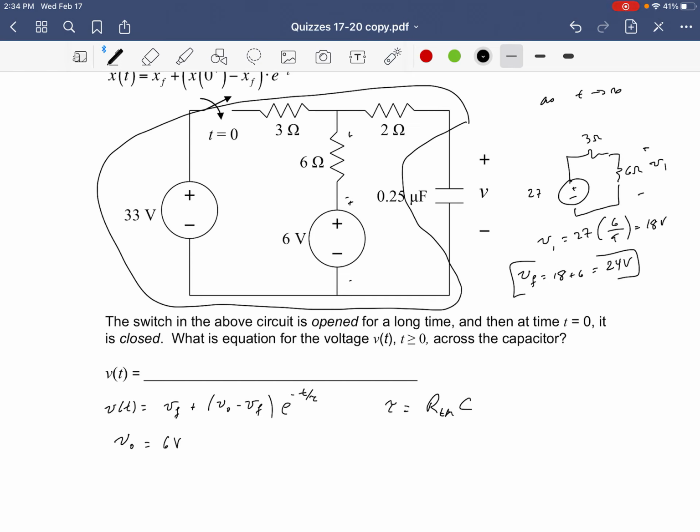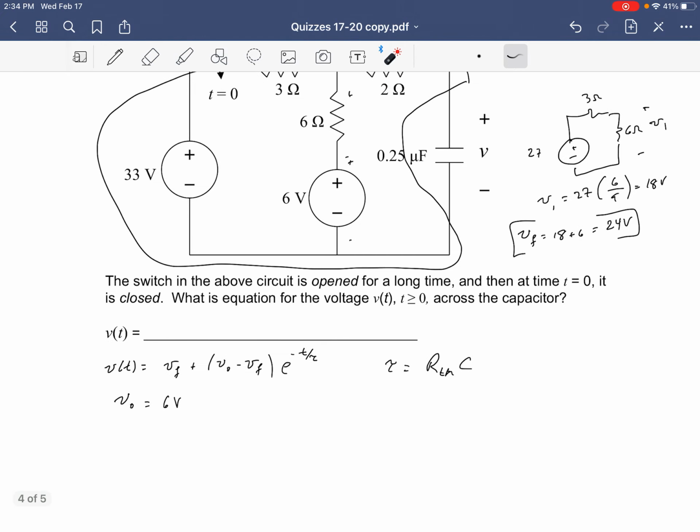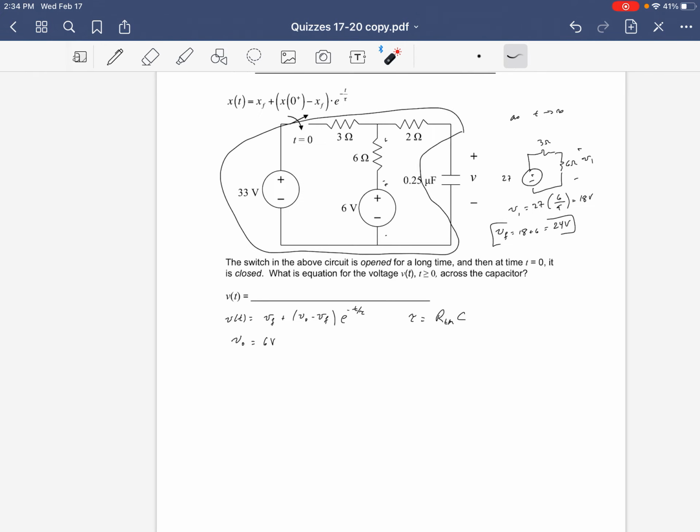Notice you've got a voltage source in series with a resistor and a voltage source in series with a resistor. So I could do source transformations on both of those and combine, and then do a source transformation back, and then I would have that resistance here.